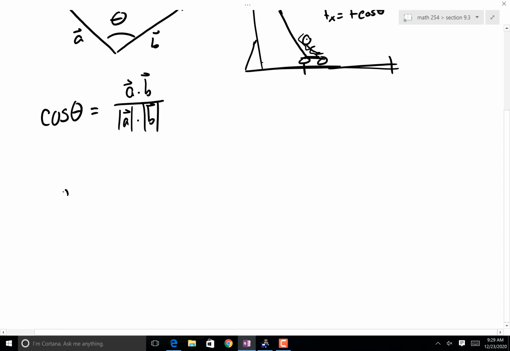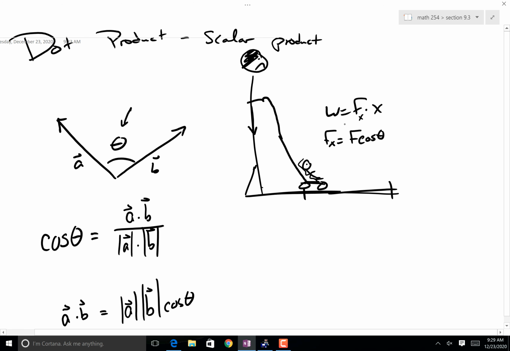So then, wait, you could rewrite this a couple of different ways, Jay. I could. So A dot B could be written as, now wait for it, the magnitude of A times the magnitude of B times cosine of the angle. Now I'm going to write it like this, and I'm going to change it up in just a second. And then you're like, wait, I feel like this looks an awful lot like this. Well, let me back the train up a little bit.